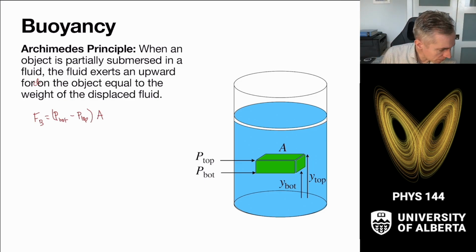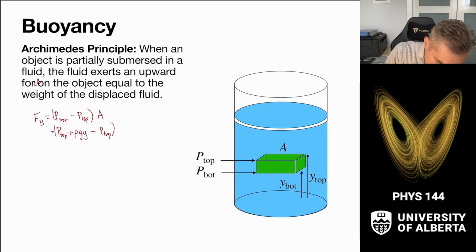And from Pascal's law, we know that the pressure at the bottom here is going to be equal to the pressure at the top plus rho g y, minus the pressure at the top, because y is the height or the difference in the height of the object. And so that's all going to be times the area. And so the P tops will end up canceling out.